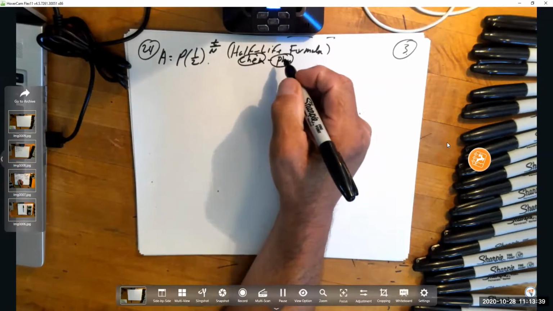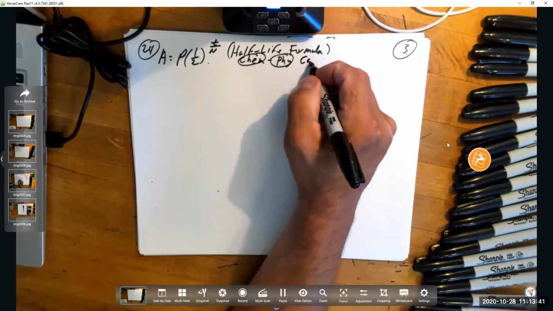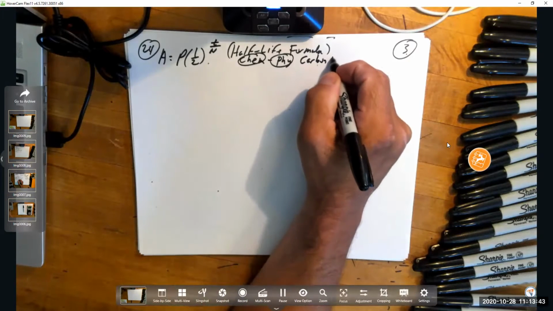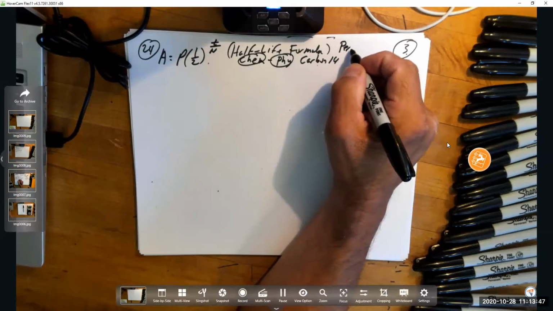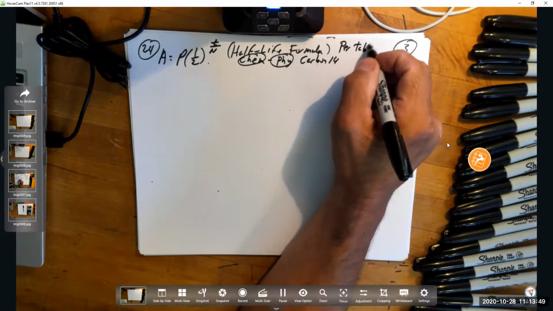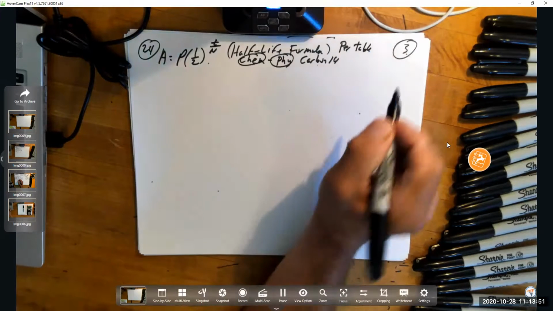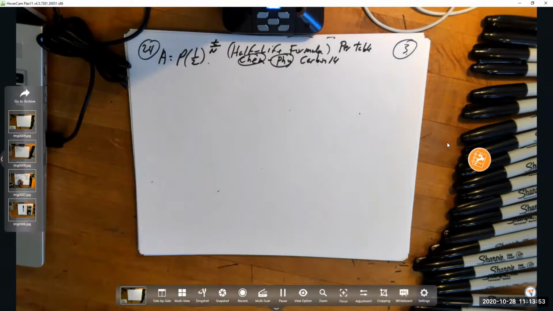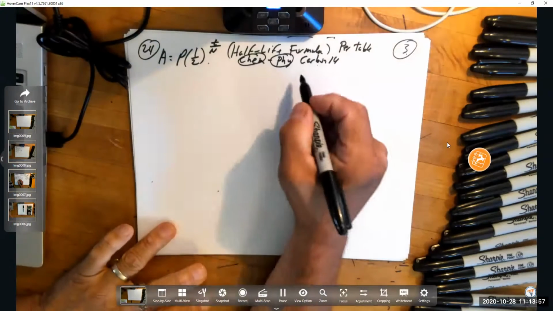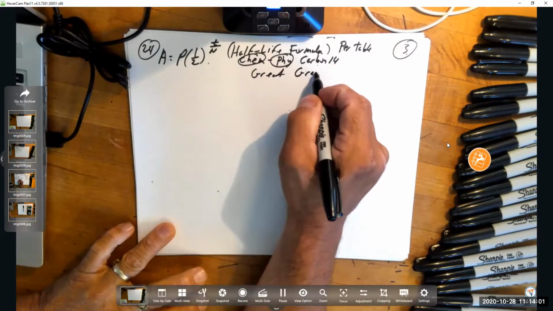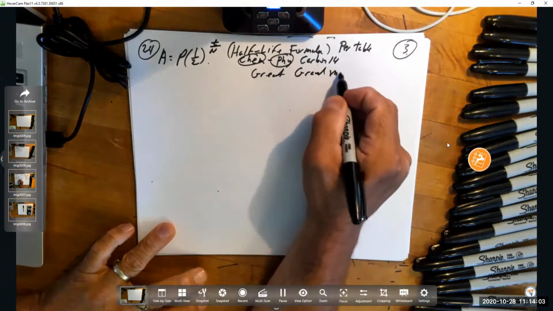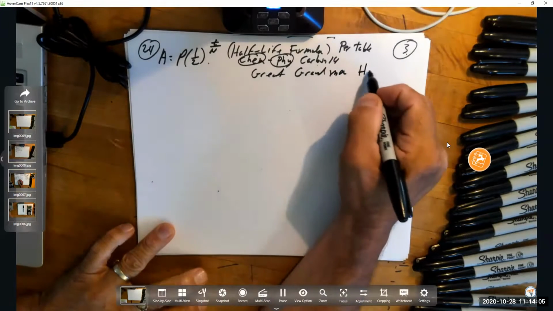And it's for carbon 14 from our periodic tables. You ever heard of those things? Periodic tables. Right. Anyway, I'll just show you how that works. Let's say you go to great grandma's house.